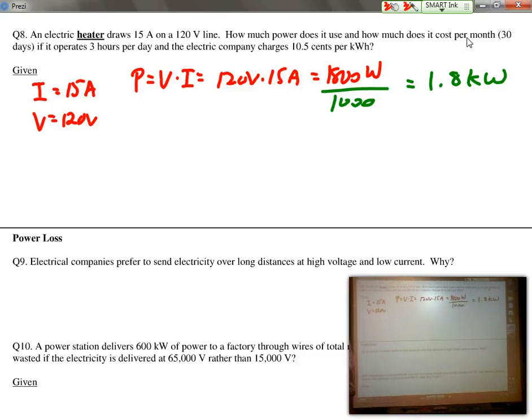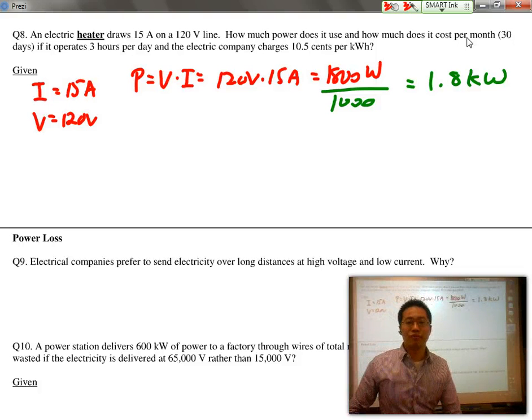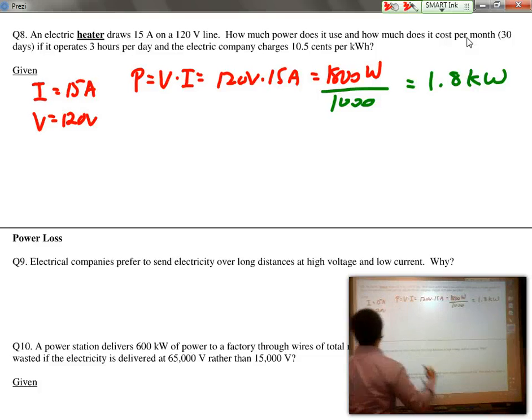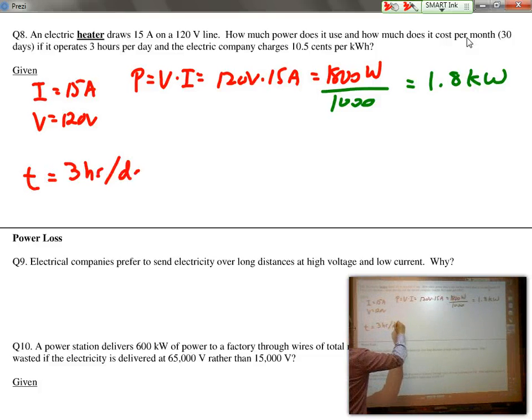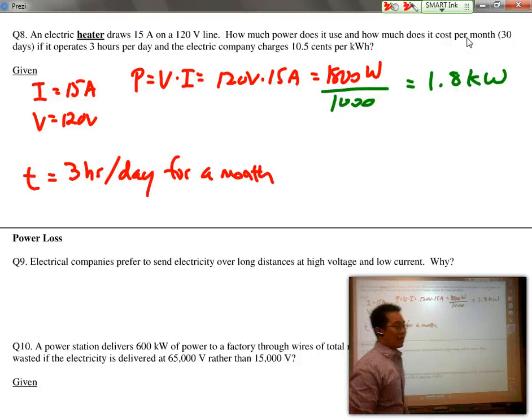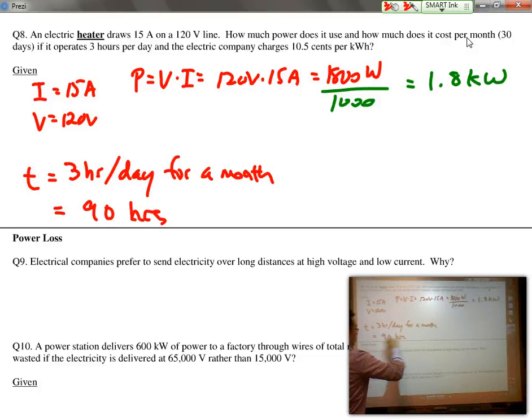Now, they ask us, how much does it cost per month if it operates 3 hours per day and the company charges 10.5 cents per kilowatt hour? Well, let's figure out the time first. The time, they say, is 3 hours per day for a month. We can assume that a month has 30 days, so therefore this is a total of 90 hours.